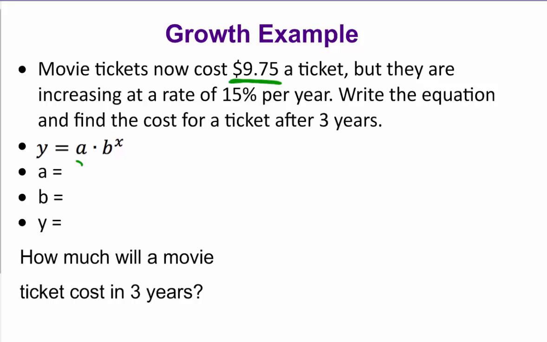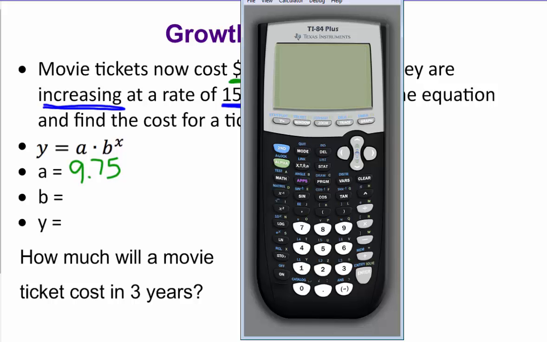So we are going to fill in $9.75 for our a value. Our b value is going to be our growth rate because we are looking at a growth example and it says increasing. So that is how we know that it is growing. It is increasing at a rate of 15%. To get the decimal that we need, we can go to our calculator and turn it on.